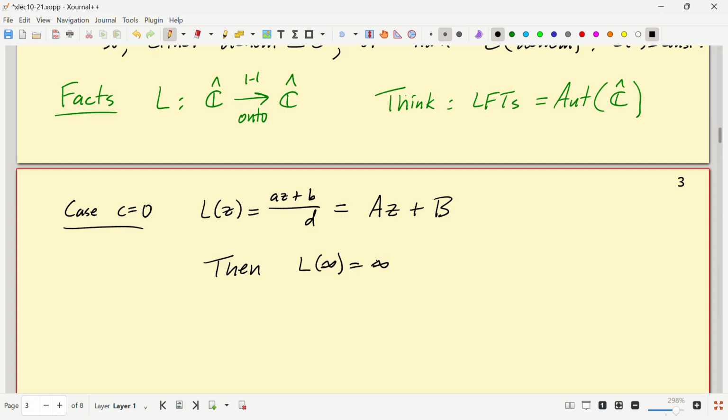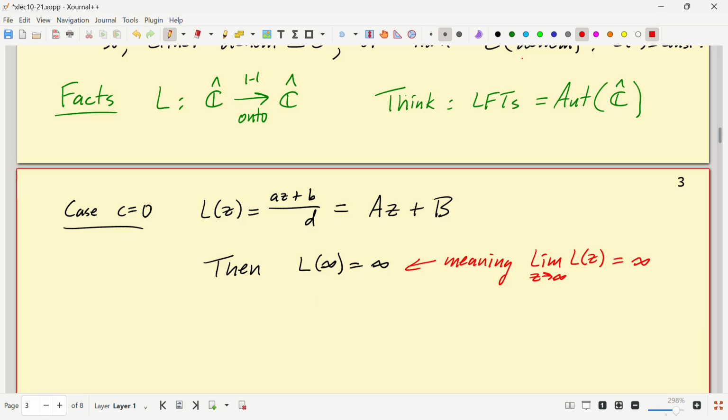If you think about it, what does that mean? The limit as z goes to infinity of L of z equals the point at infinity. So if I was going to make it continuous, I'd give it the value infinity at the point at infinity. This makes it continuous on the Riemann sphere.